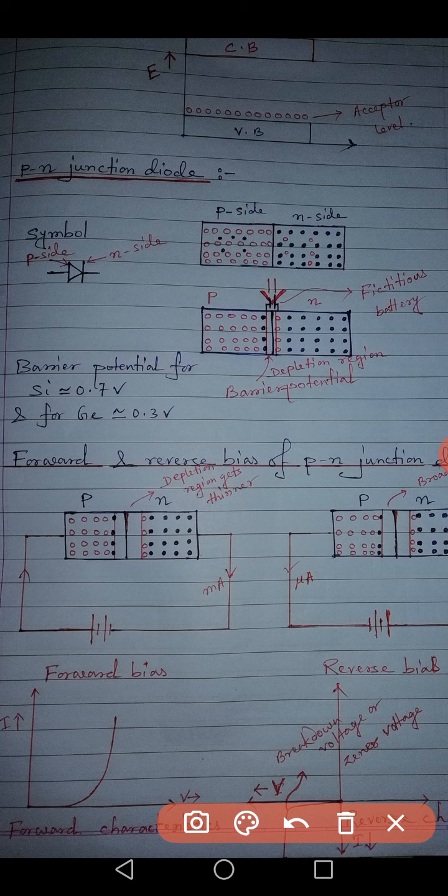See here, this is the p side, a p-type semiconductor, and this is an n-type semiconductor, and they are combined with one another. If you remember, on the p side the majority carriers are holes and the minority carriers are electrons. The red circles that I have made are holes, and the small dots are electrons, which are present in very few numbers.